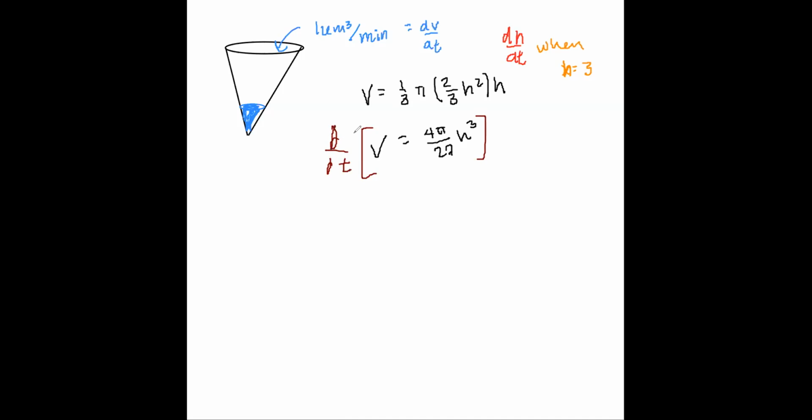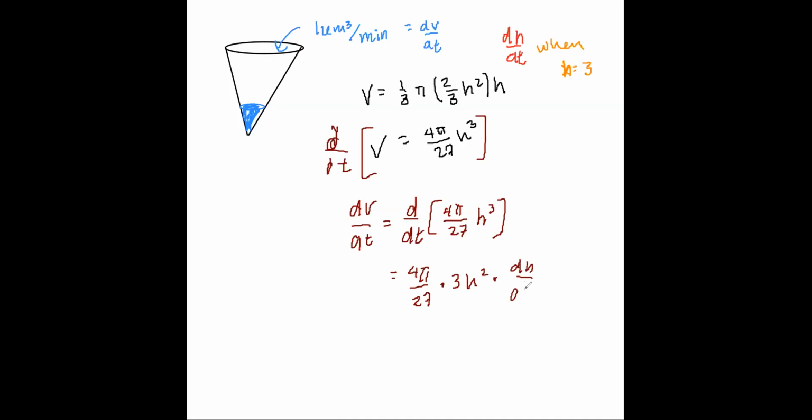So we're taking the derivative with respect to t of V, and on this side of the equation, we're implicitly differentiating. So we'll have dV dt is equal to d dt of 4 pi over 27 h cubed, which is going to be 4 pi over 27 times 3 h squared times dh dt.